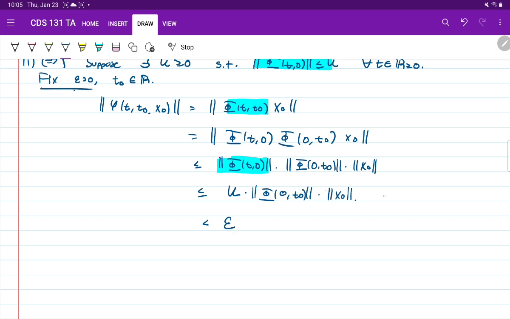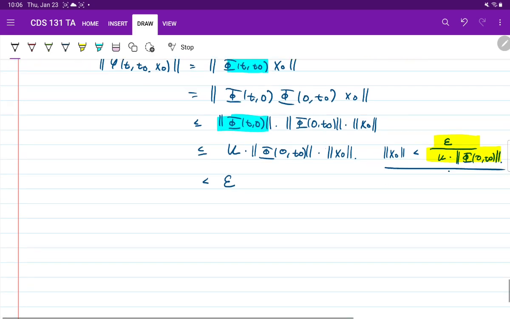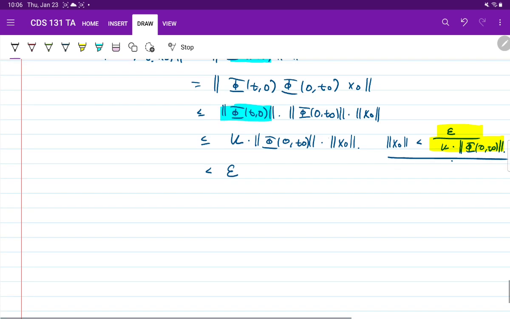So clearly what we can do is pick the norm of x naught to be less than epsilon over k times the norm of phi of 0, t naught, and then that'll give us the desired inequality. Okay, so we conclude that there exists a delta, which is determined by this quantity, that gives us this Lyapunov stability property. Okay, so that's the first direction, right?